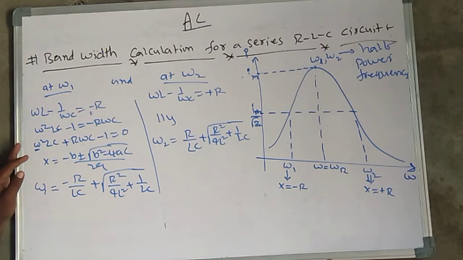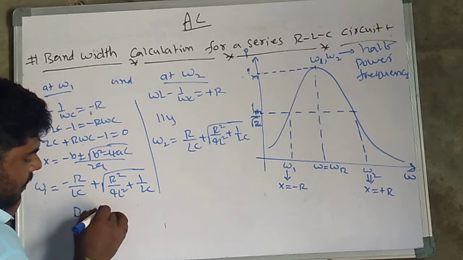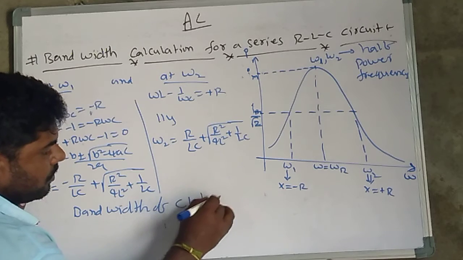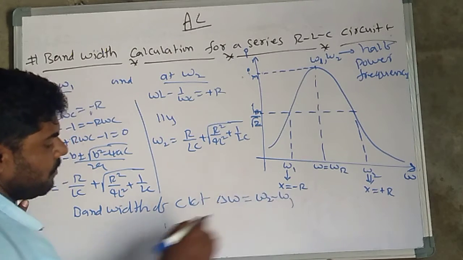Now the bandwidth of the circuit is delta omega is equal to omega 2 minus omega 1.